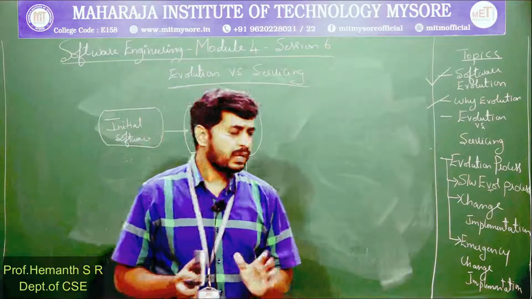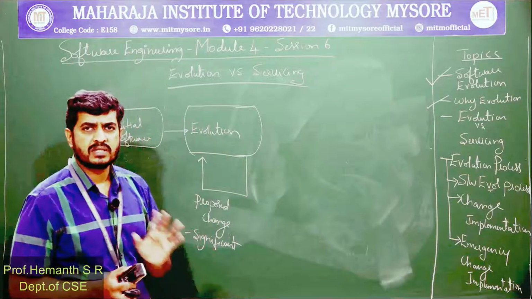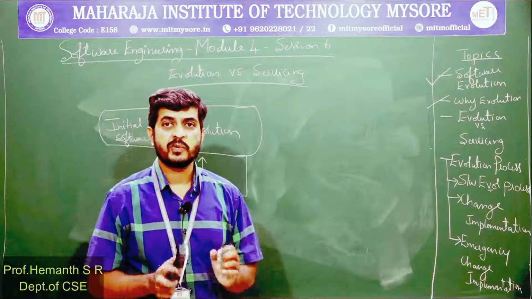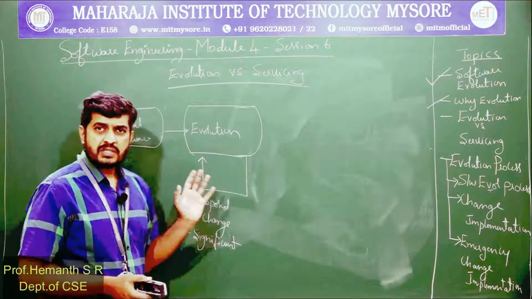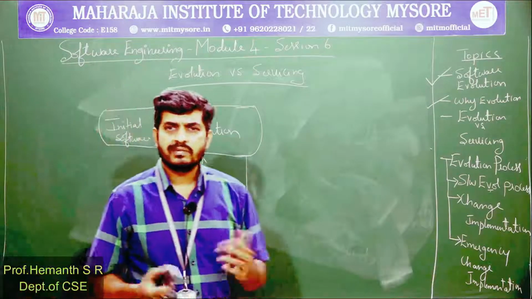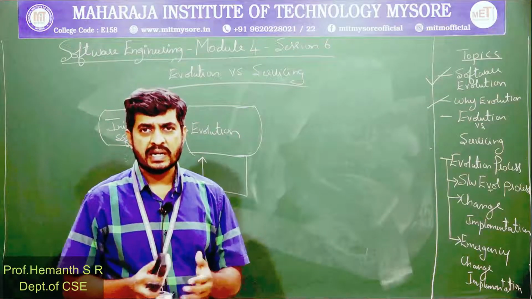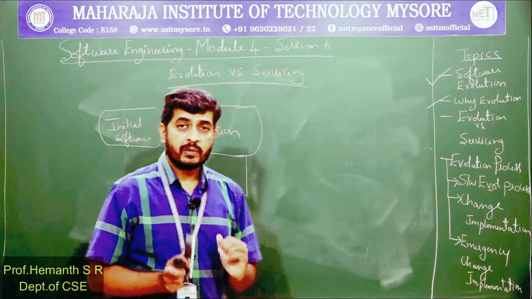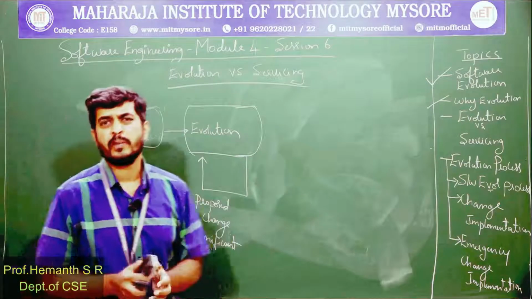This will definitely have an impact on the structure of the software. The structure will be degraded. So continuous changes, continuous improvements, evolutions will have an impact on the design, and that results in the degradation of the software, and it will reach a point where further changes cannot be accommodated.